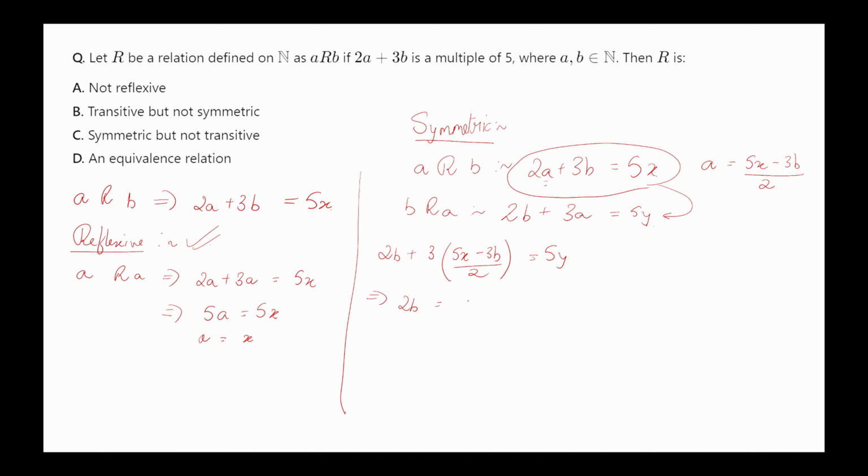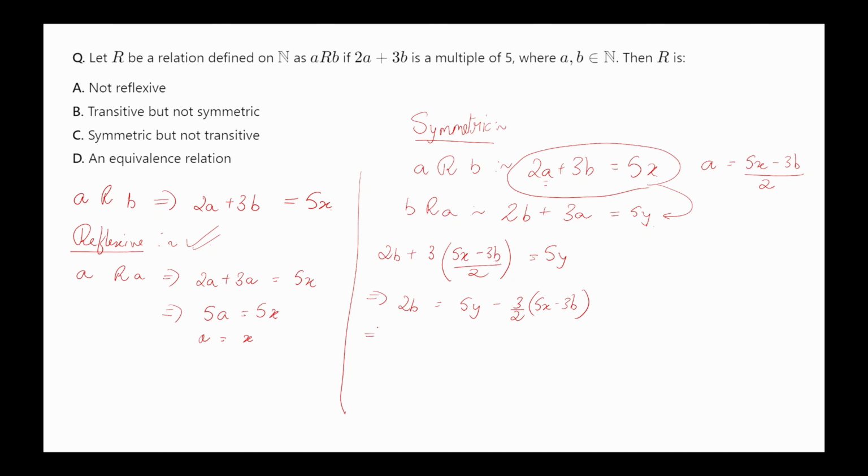2B is equal to 5y minus 3 by 2 times (5x minus 3B).